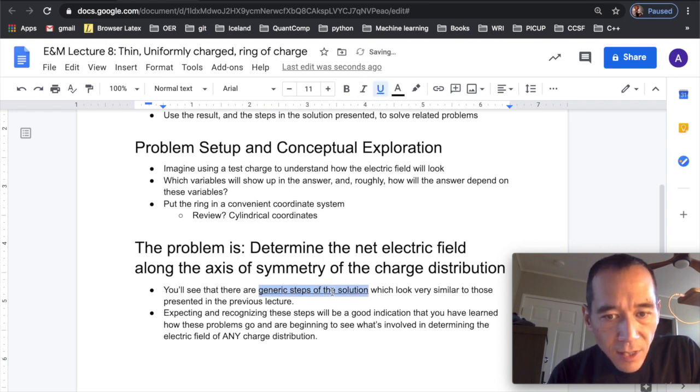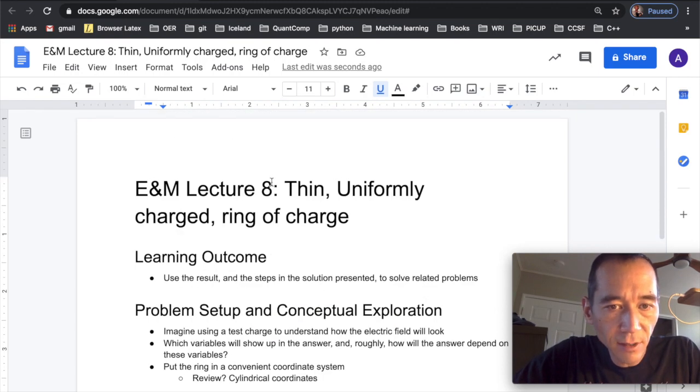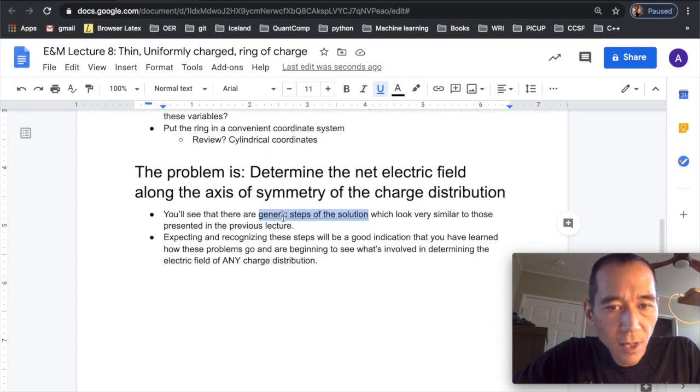You'll be able to see that they also showed up in the previous lecture, lecture 7. Those steps are always going to show up in any problem of determining the electric field around a charge distribution. And recognizing these generic steps is the beginning of you being able to determine the electric field anywhere of any charge distribution.